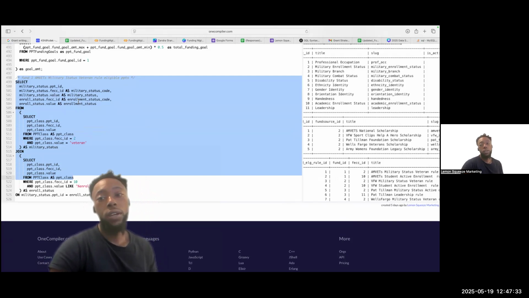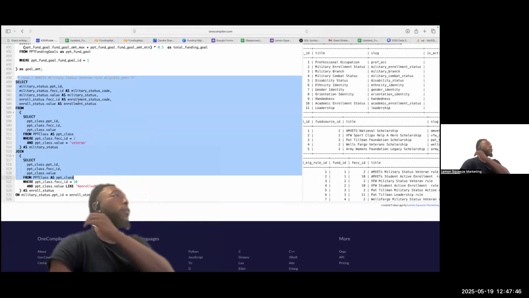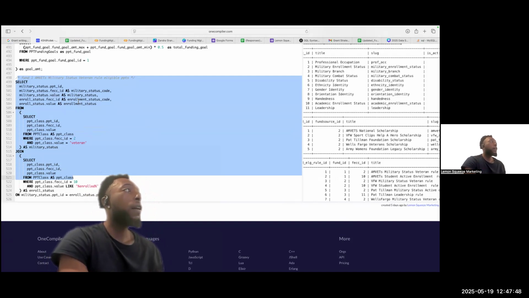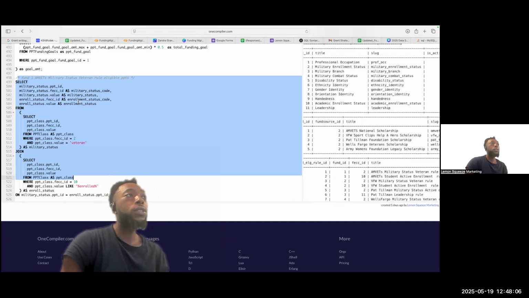In a future video, I'm going to finish this off and create a query that goes through, for a particular participant, finds all of the different funds that participant is eligible for, and then sums up the award amount for each fund, so that we can communicate how much potential funding we have identified for the participant.